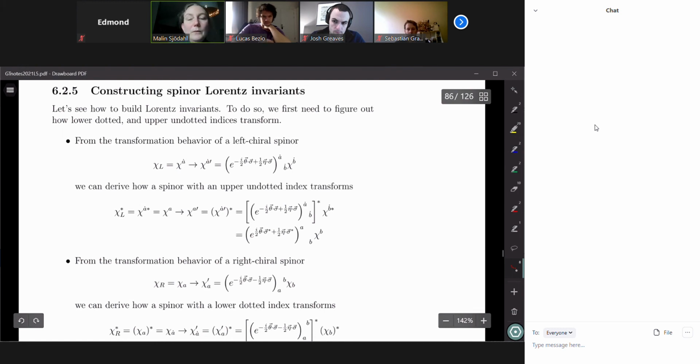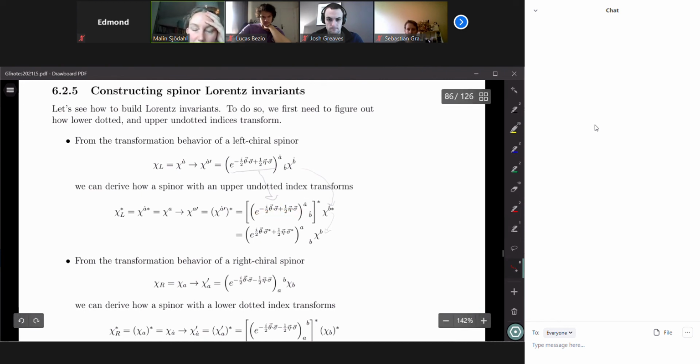Okay, so I then take this transformation from here, and this field from here, and I complex conjugate it. Complex conjugating the field removes the dot, so this is what I get. But I should also complex conjugate this matrix here.